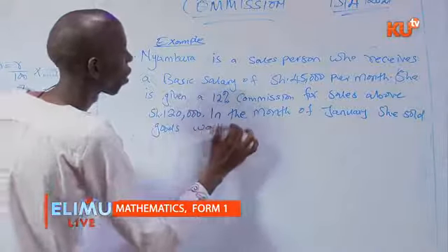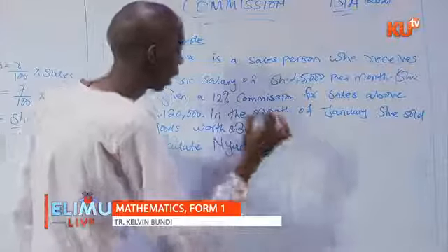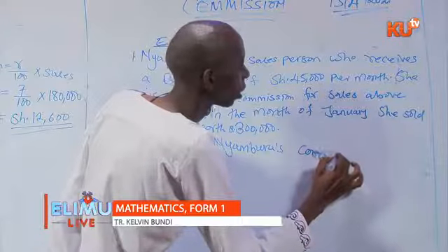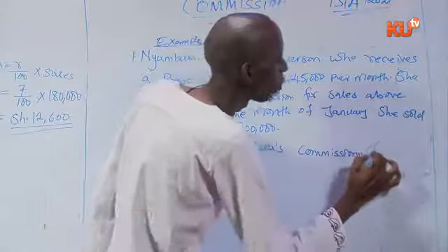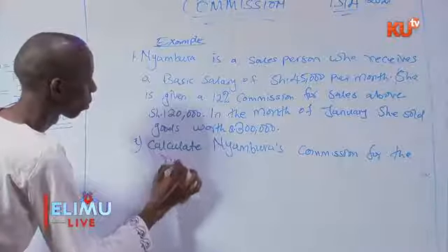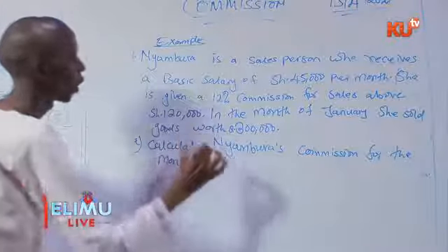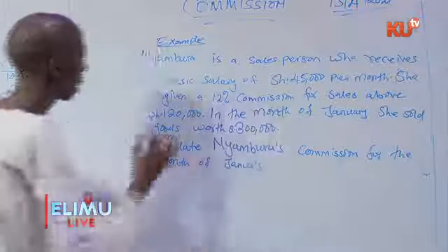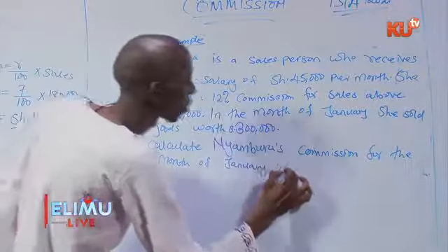Question A. Calculate Nyambura's commission for the month of January. That is 3 marks.